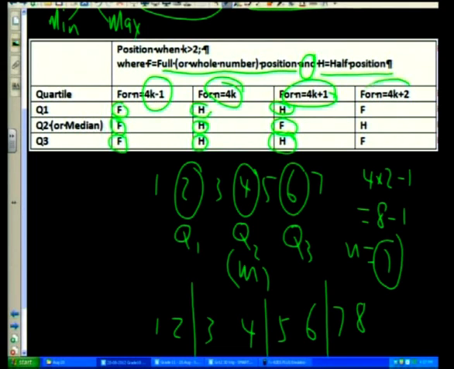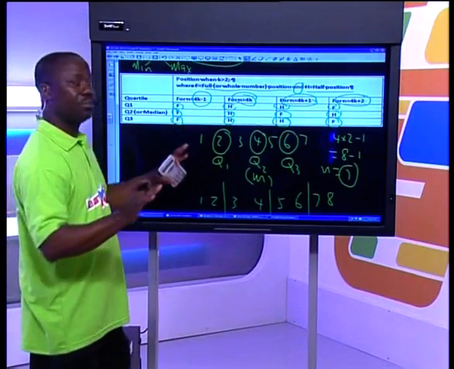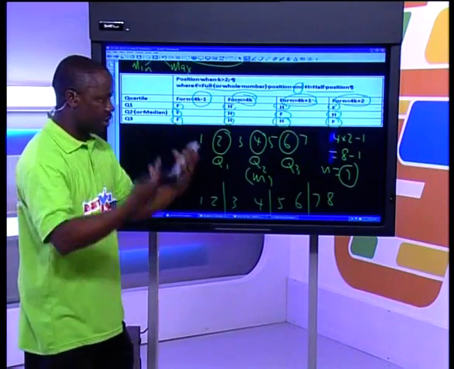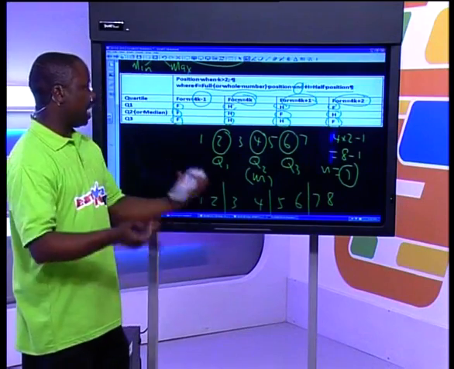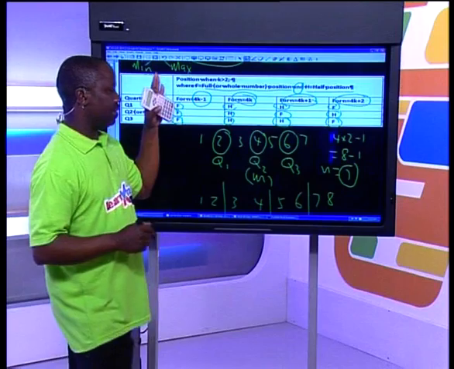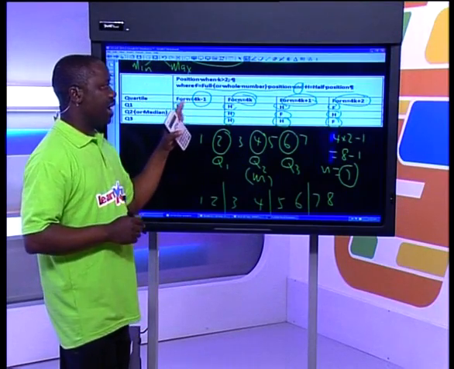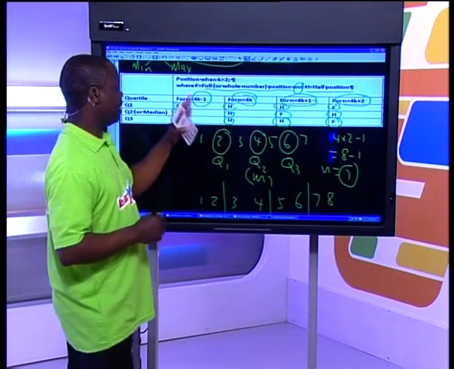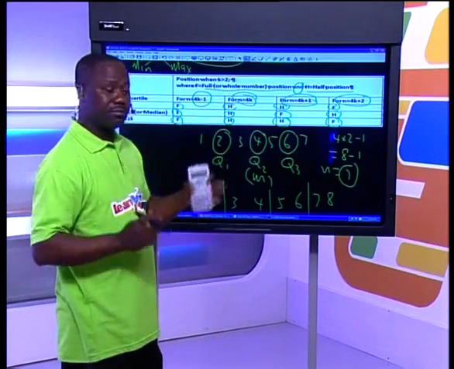If we move on to 4K plus 2, the full position for quartile 1, then the half position, and then full position. I believe this table, if you can write it down, it will help you, at least as you do problems. You should be able to target your quartiles according to their position, the size of data.